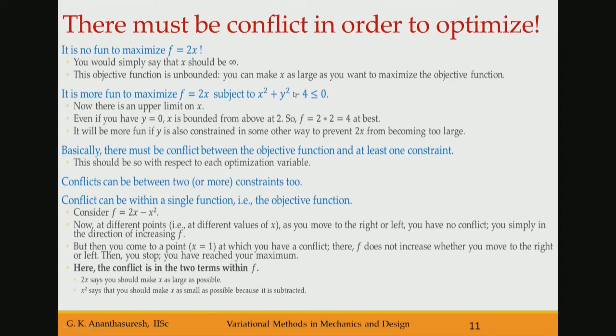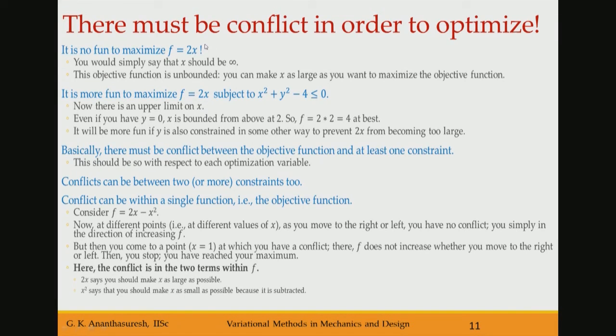If y equal to 0, x squared minus 4 less than or equal to 0 limits x to plus or minus 2, right. So, you want to maximize it, you can go up to 2 times x equal to 2, that is 4, that is the best. In the first one, when you say 2x, x can go to infinity, but here we are restraining x from going to infinity.